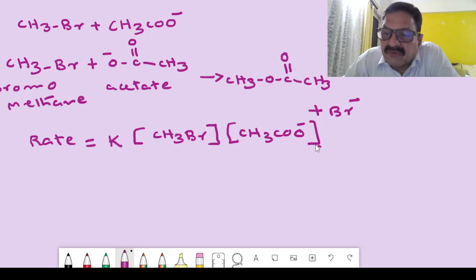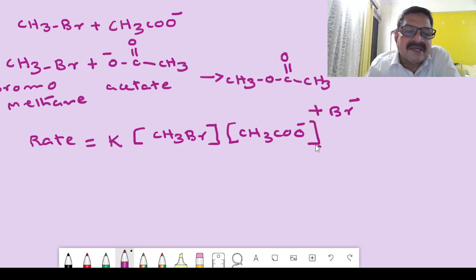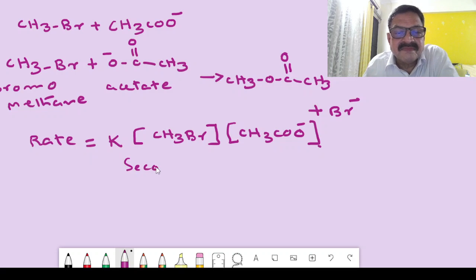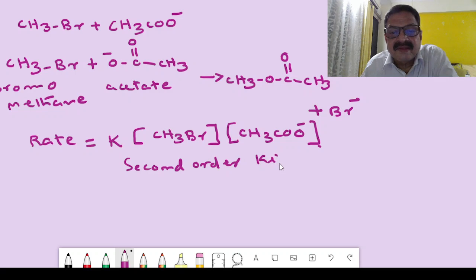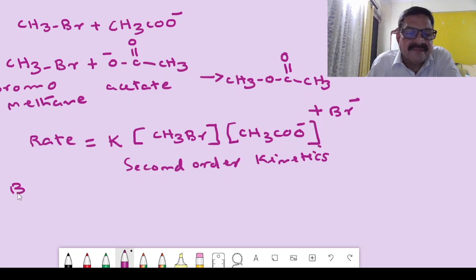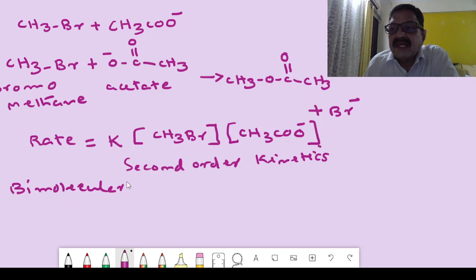Therefore, what is the order of the reaction here? The kinetics is second order kinetics, so it will be a bimolecular reaction. How many steps are there?